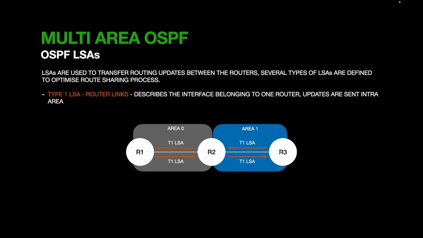Link state advertisements are used to transfer routing updates between the routers, and we can have several types of link state advertisements, and they are defined in order to optimize the route sharing process.